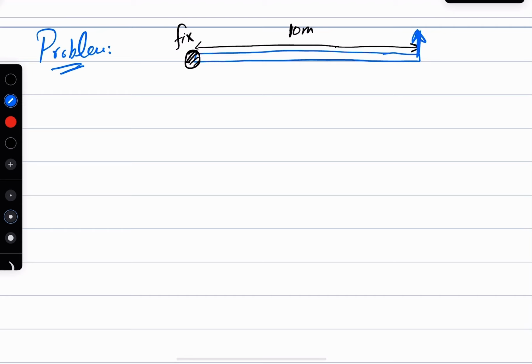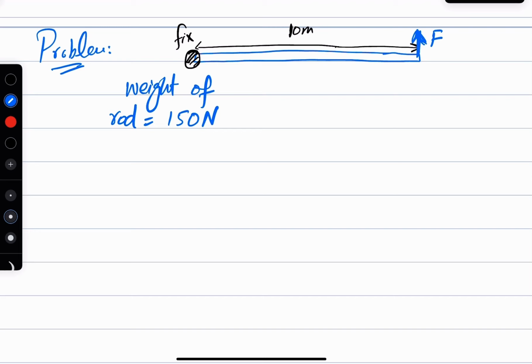That force is F, and the weight of this rod is, let's assume, 150 Newton.